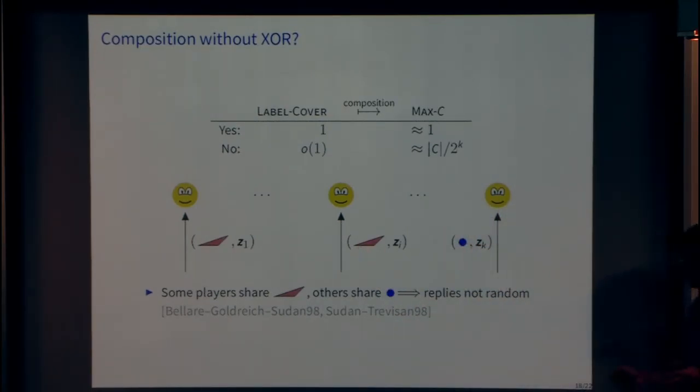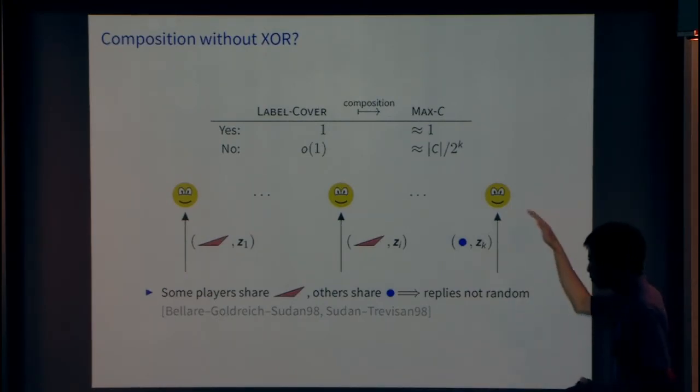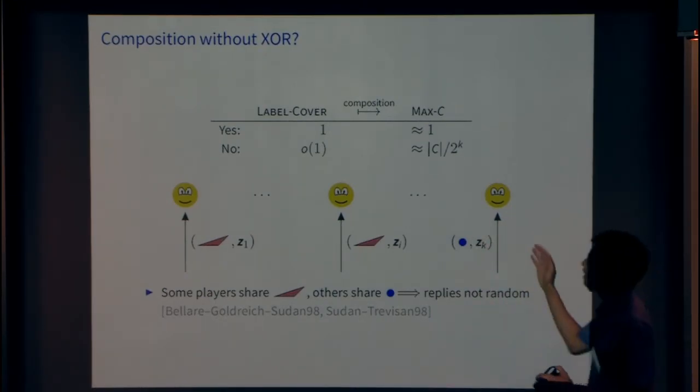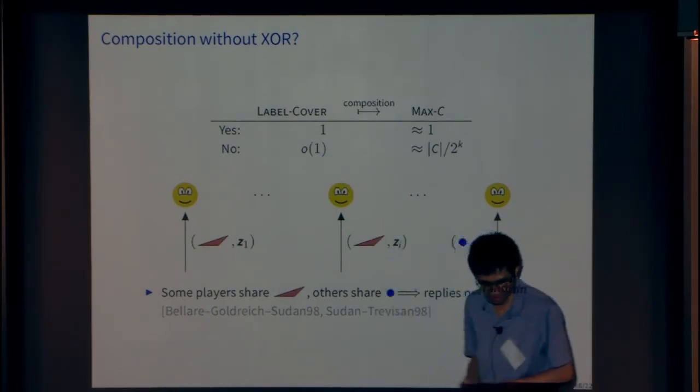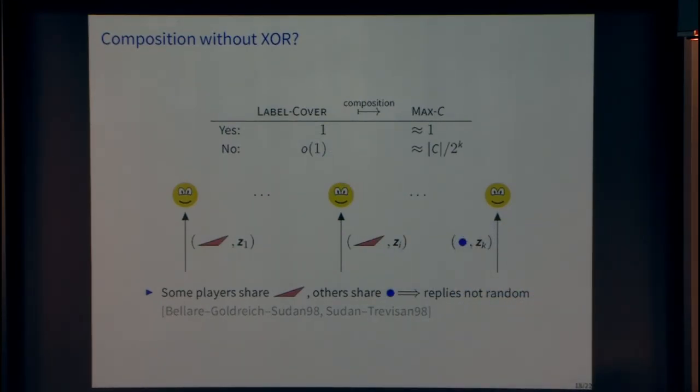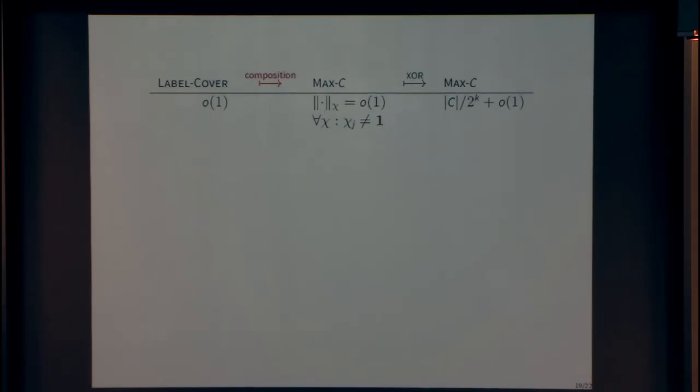This shared information will allow the players to give an assignment that will not be uniformly random, no matter what label cover instance you begin with. So this was why a simple reduction using just composition will not work, and we need the XOR step.